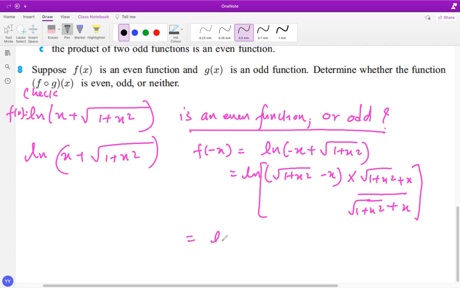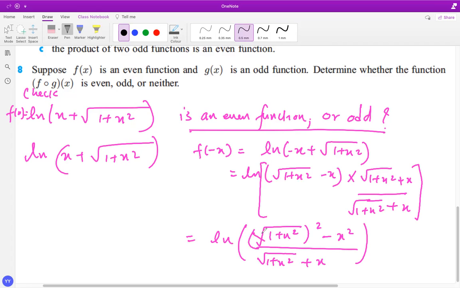Now this will become ln of 1 plus x squared root the whole square minus x squared upon root of 1 plus x squared plus x. Now this root disappears, x squared and x squared get cancelled, and you get ln of 1 upon this.